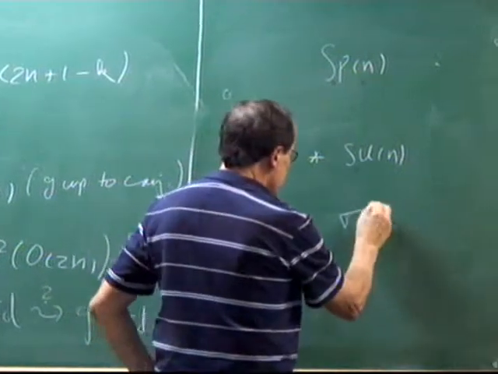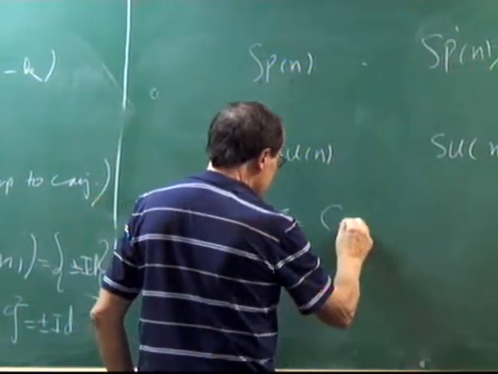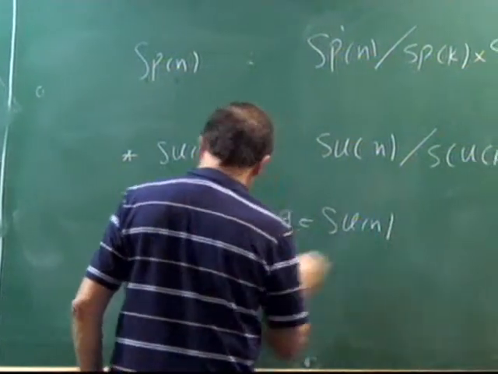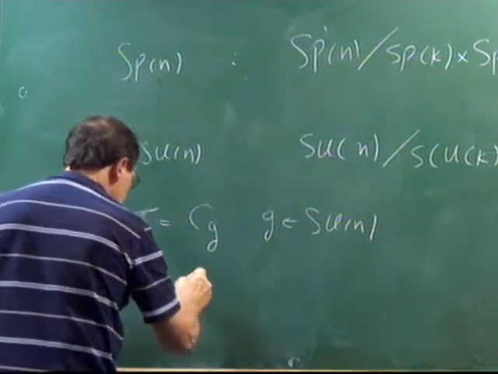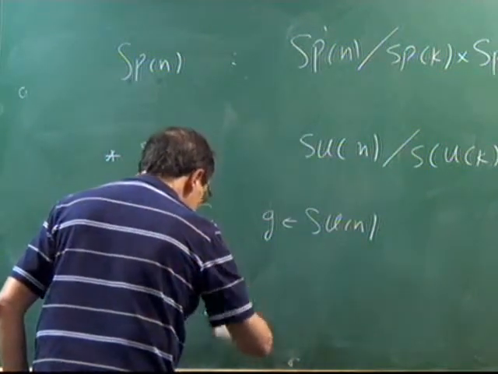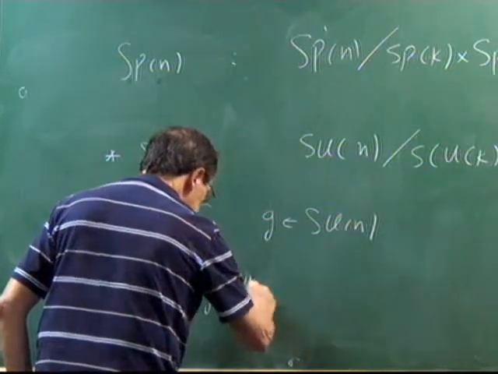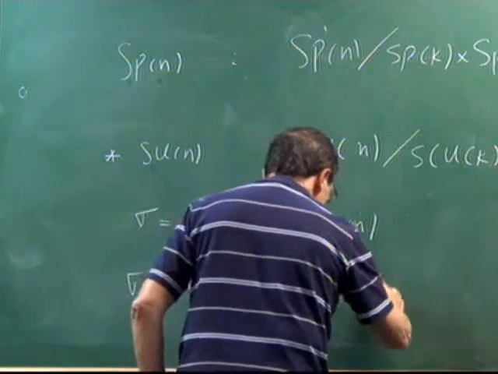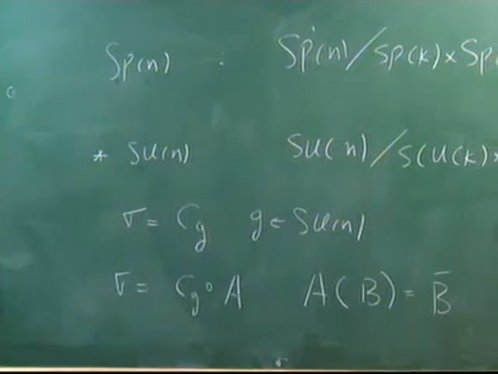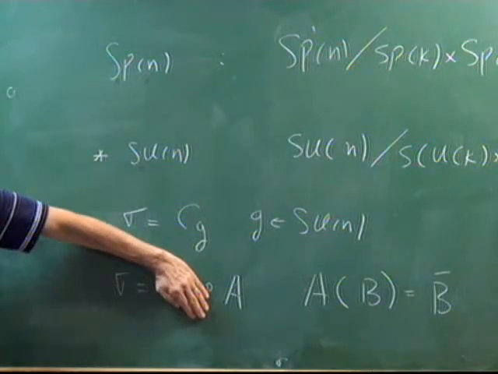In fact, in this case, I have to consider two cases, either conjugation, where G lies in SU2N. And the other case, one has to be careful, I have to consider conjugation composed with A, where A of some matrix B is its complex conjugate, which is a unique outer automorphism of the Lie group. So if it's A itself, that would be easy.